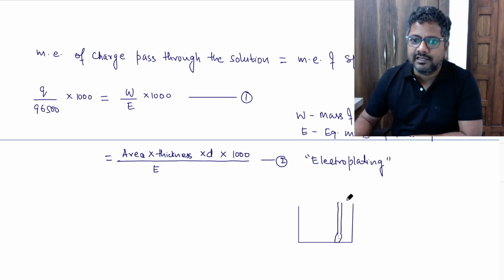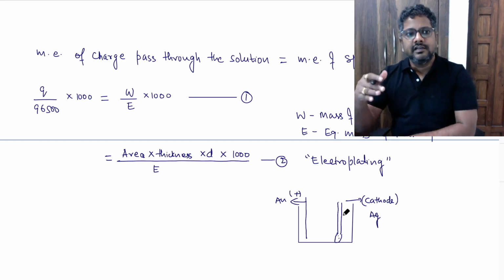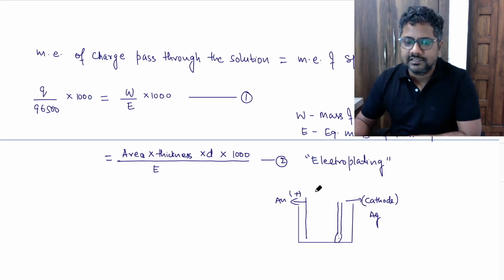So make the gold the anode and the silver the cathode, if you want to plate gold over silver.